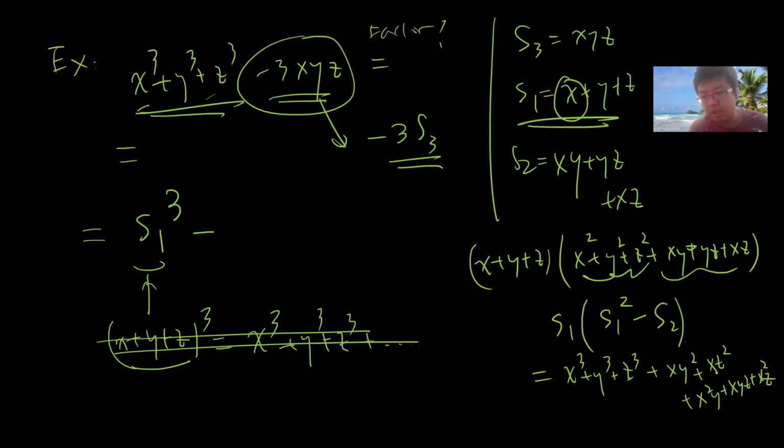Then you can keep going and take the rest. Basically you need to do some computation, but once you use this previous algorithm, then finally you will arrive at this.